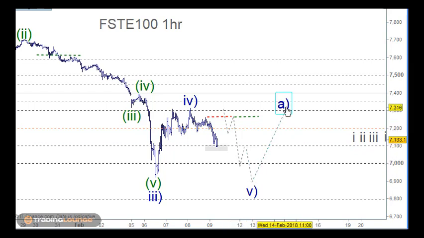The A wave can move back up in 5 waves or 3 waves. So we're yet to know that. But if we've got 5 waves down here, then it's highly likely to be 5 waves up for the A wave. And then, of course, the B wave will be in 3 waves, pulling back 50-60%, and then a C wave coming back up here as well to top that out.